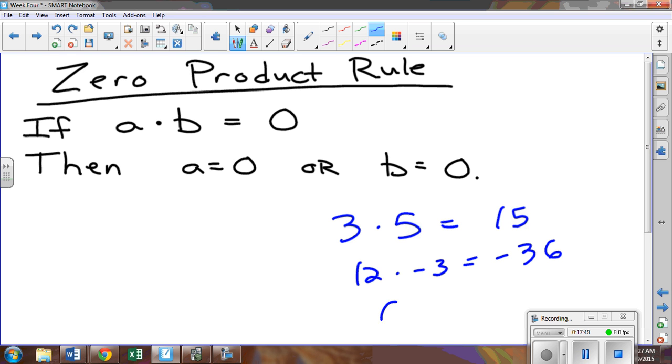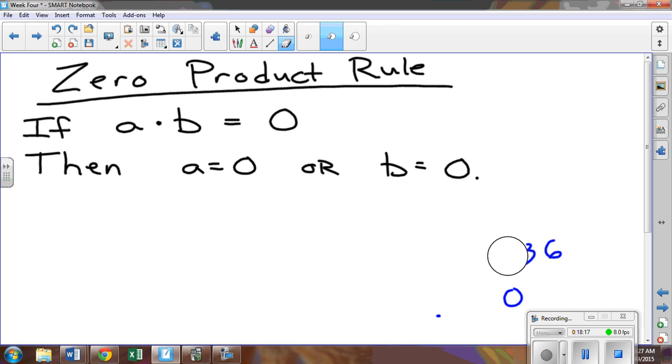But if I said 6 times question mark is equal to 0, what do you instantly know? It has to be a 0. The only way to have two numbers multiply and give you 0 as a result is if one of them, or maybe both even, but one of them has got to be a 0. That's all the zero product property is.